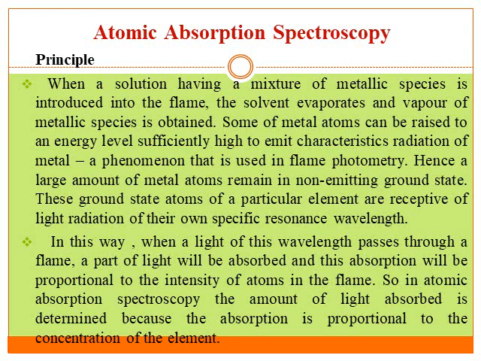Now, when light of a particular wavelength passes through the flame, a part of the light will be absorbed, and that is the absorption intensity. This absorption intensity is proportional to the number of atoms in the flame. So in atomic absorption spectroscopy, the amount of light absorbed is determined, and this will give you the amount of the metallic element present in the ground state.